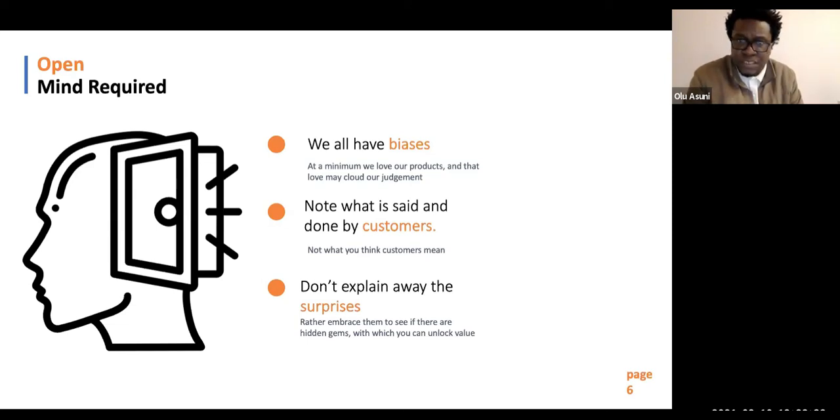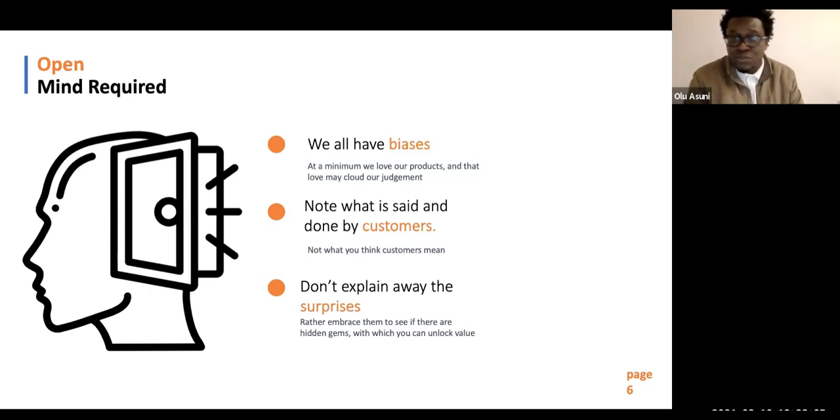So in interacting with the customers or observing them interact with our product, we tend to want to put a spin on what is being said by the stakeholder or the customer. It's super important that we don't do that. If we do that, we are allowing our biases to influence our understanding of what's been said. It's super important that we note what the customer is saying or doing, and understand them as such, and see if there are opportunities or insights to glean.